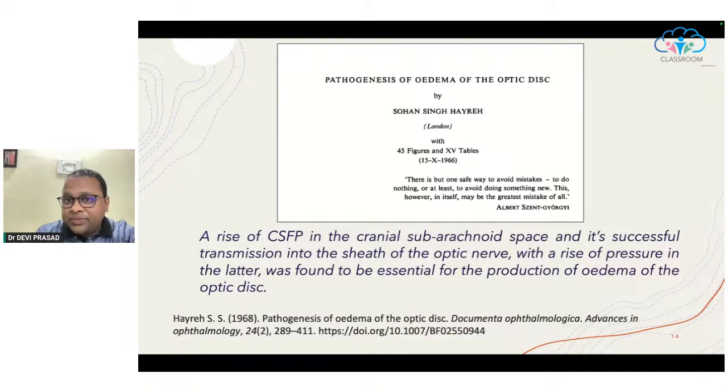Now, this was a path-breaking finding which was published, after which the work on optic nerve sheath diameter as a surrogate marker of raised ICP came up.